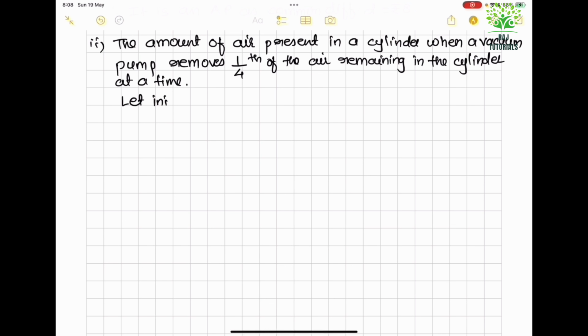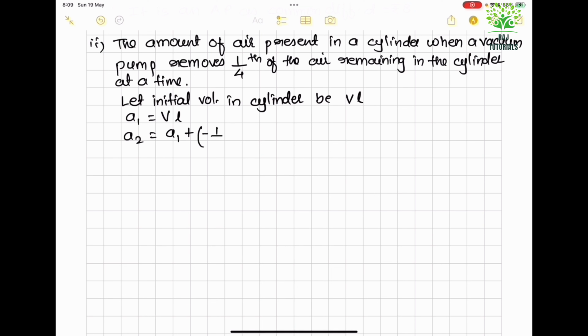Let the initial volume in the cylinder be V liter. So that means A1 is V liter. Now A2 will be A1 plus, every time I am removing 1/4.